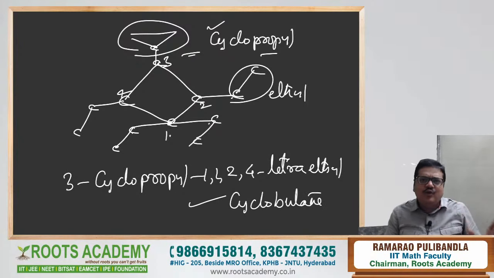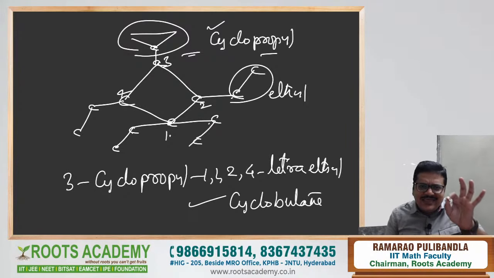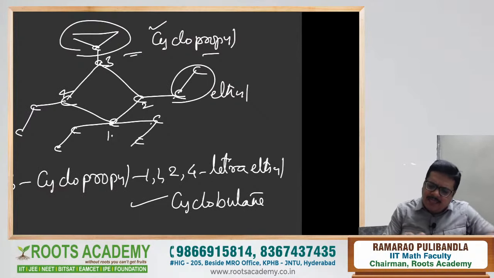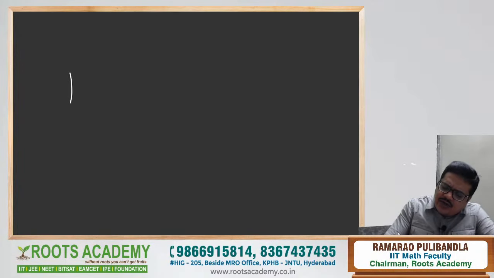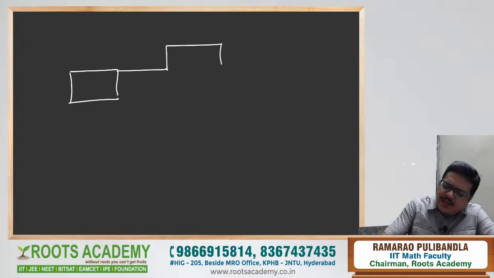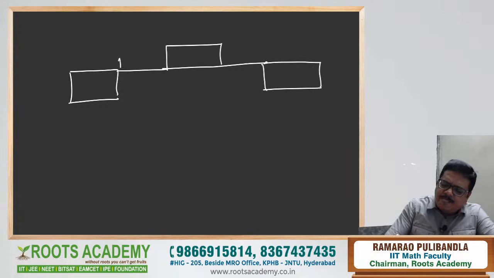Like that we have to approach IUPAC nomenclature. Similarly, if the rings are joined like this, 1, 2, 3, 4.